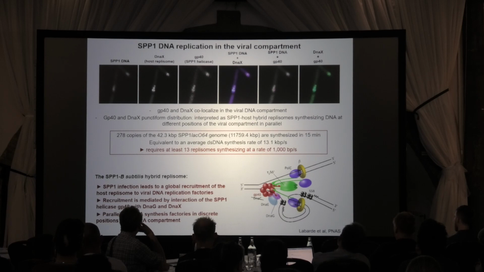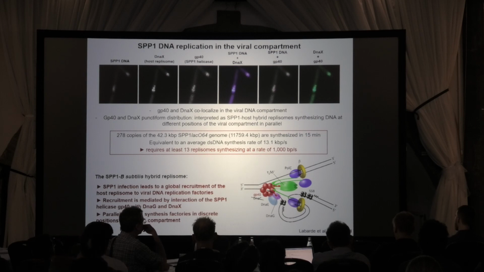So after the specific protein of the phage recognizes the origin of replication, there is a helicase loader, that being GP40, again a viral protein, and this GP40, when it's loaded into the viral replication origin, will recruit replisome proteins by interactions both with the primase, DnaG, and also with one of the subunits of the clamp loader system, that is here DnaX.